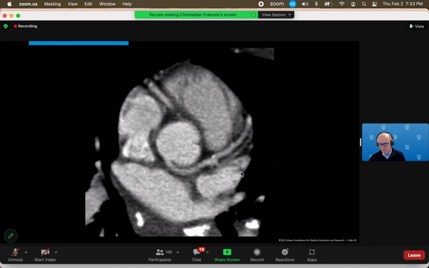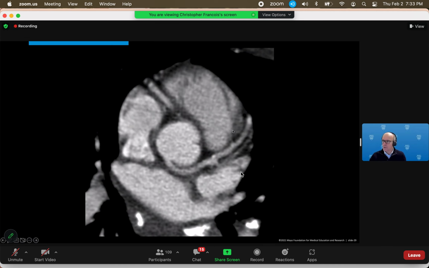And that is the preference here at the Mayo Clinic as well, outside of radiology, within cardiology and cardiac pathology. But you'll see, like on exams, people refer to it as the non-coronary cusp or the posterior cusp.